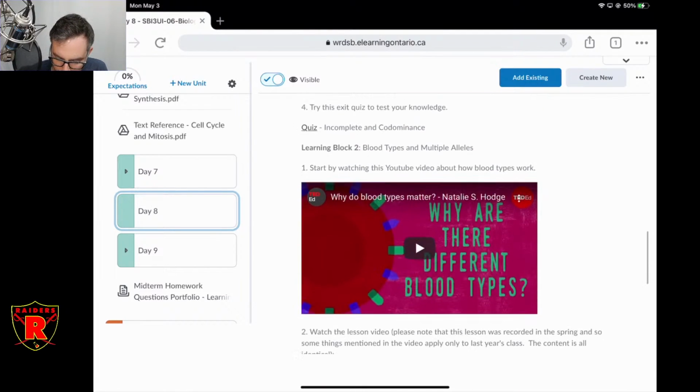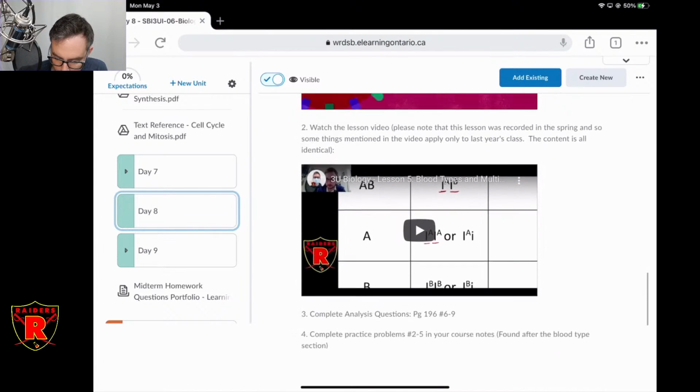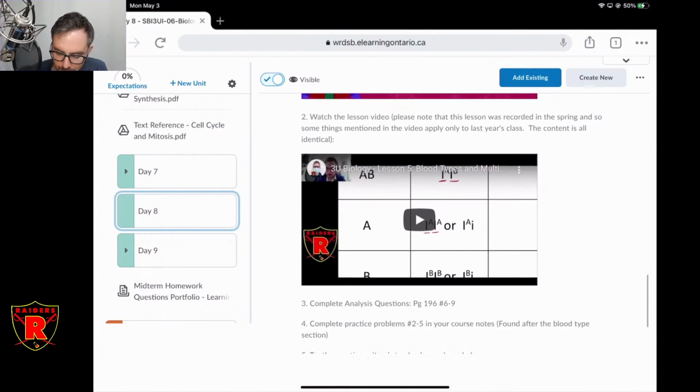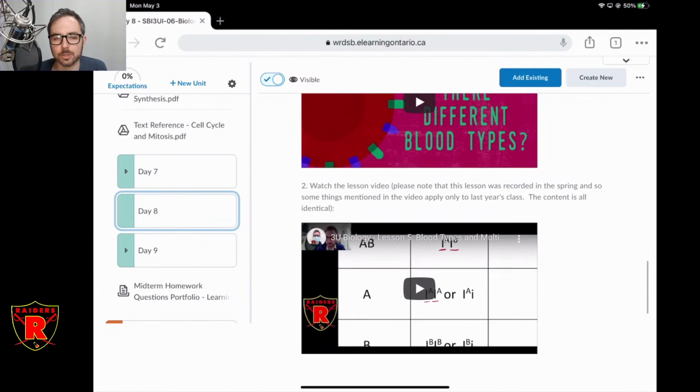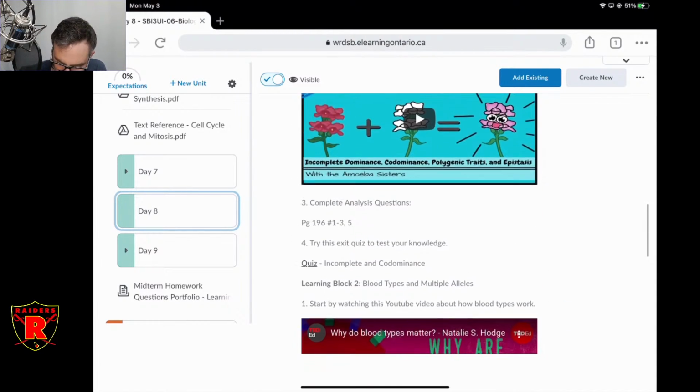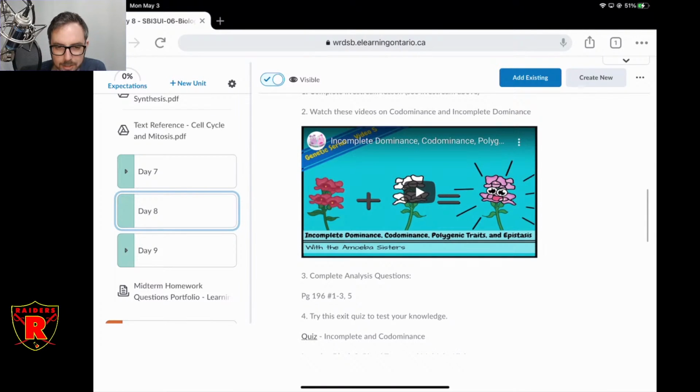The last part here, blood types and multiple allelic inheritance, I think that we're going to save that lesson for the beginning of tomorrow's class. If I try and squeeze that all in today, that'll be too much. Let's get through incomplete dominance and codominance, and then I'm going to give you an opportunity to work on all these practice questions.